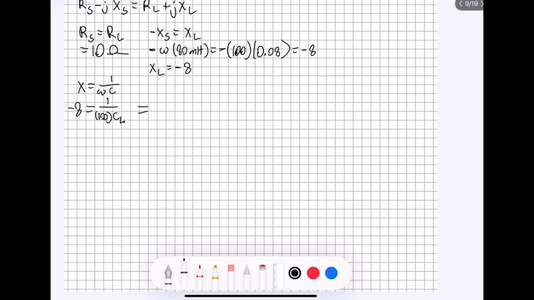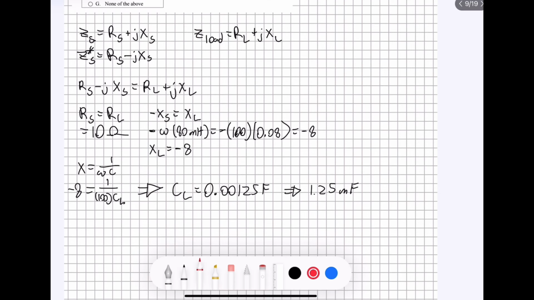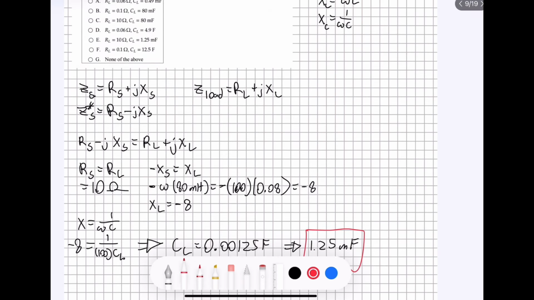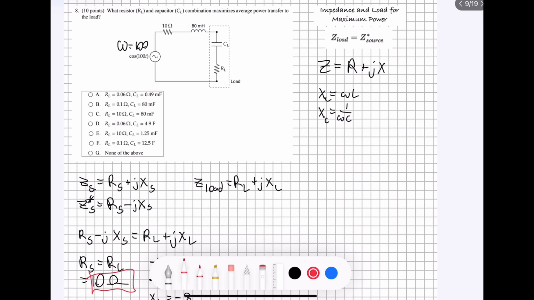If we solve that for CL, we're going to get CL is equal to 0.00125 farads, which we can also write as 1.25 millifarads. So since we know that the capacitance is 1.25 millifarads and the resistance is 10 ohms, we can look back up here, and it looks like answer E is going to be correct because that matches our capacitance and resistance values.